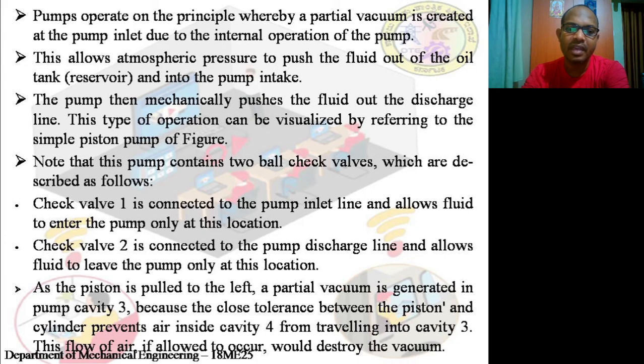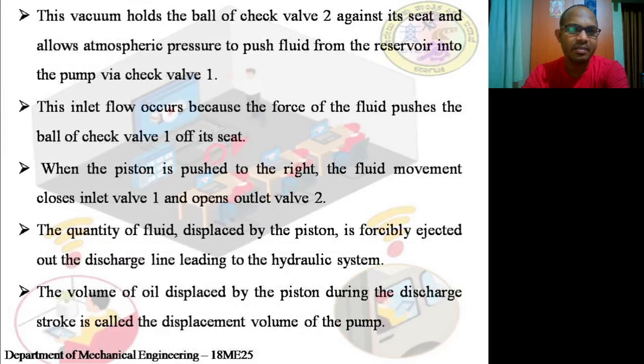If the flow of air were allowed to occur, it would destroy the vacuum. That is the reason. The vacuum holds the ball of check valve 2 against its seat and allows the atmospheric pressure to push fluid from the reservoir into the pump via the check valve. It is only because the pressure inside the cylinder is much less than the atmospheric pressure.